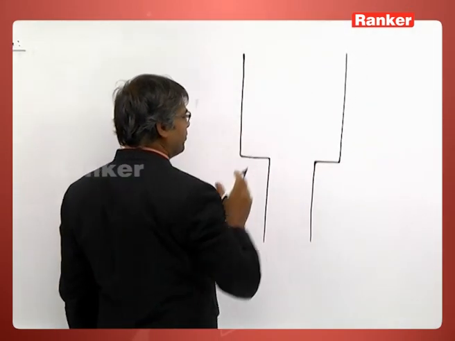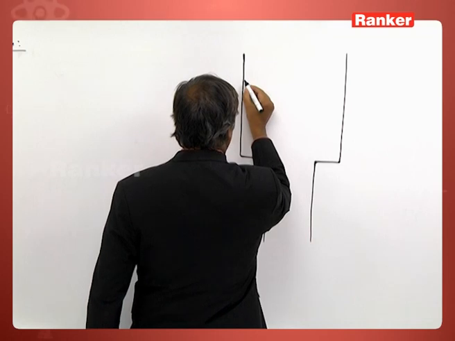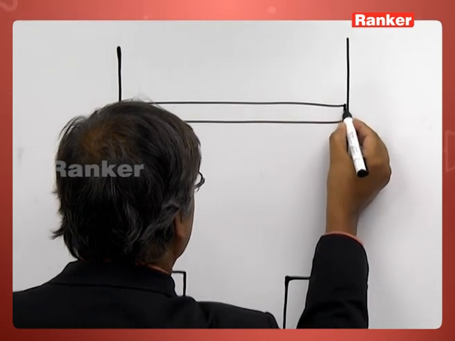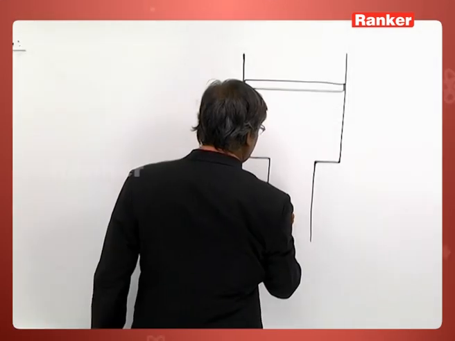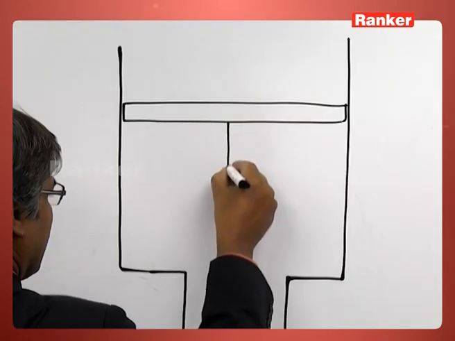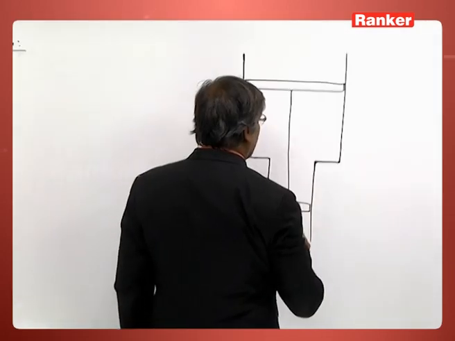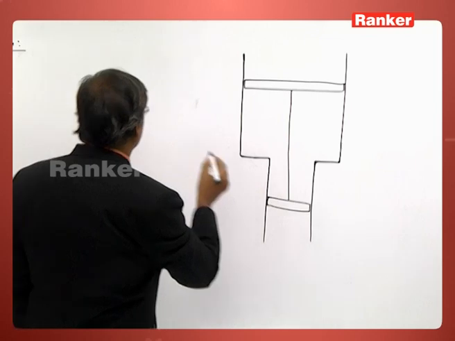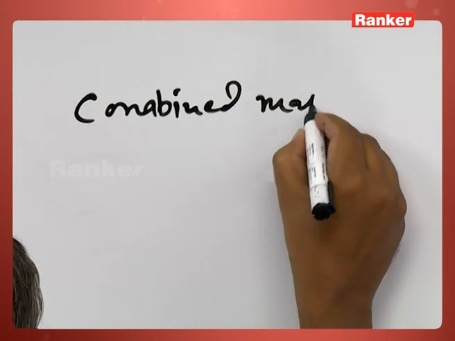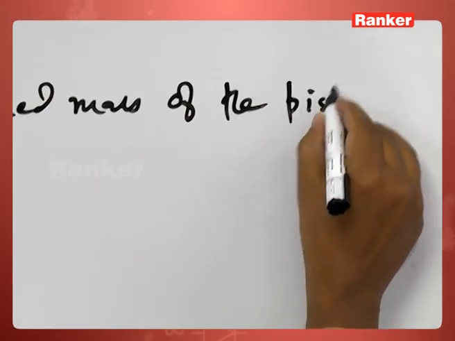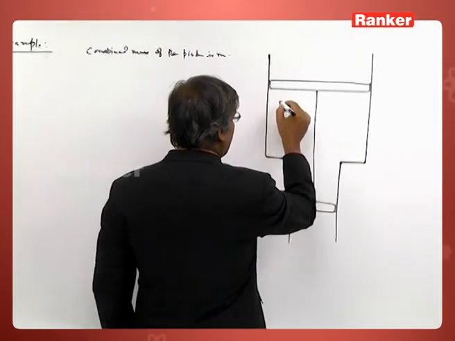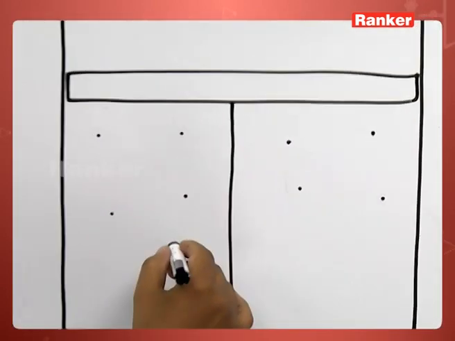Here the cross section is different and here it is different, and we have two pistons, one here and another one here. The two pistons are connected by a string and their combined mass is m. Inside this we have an ideal gas contained.